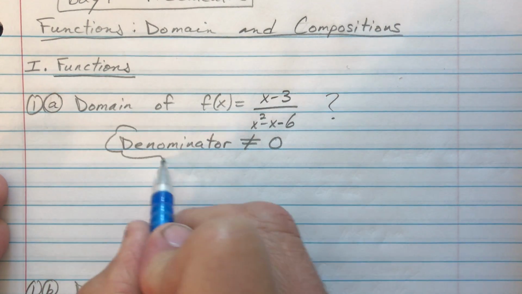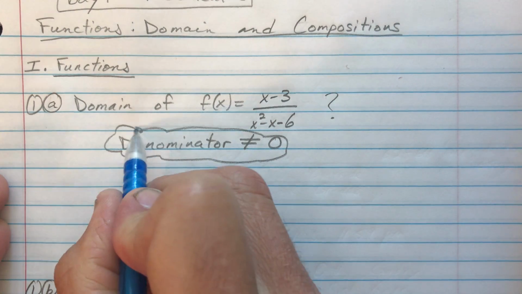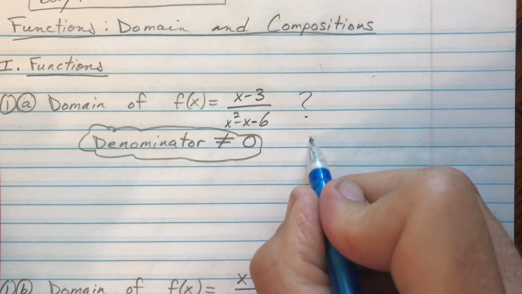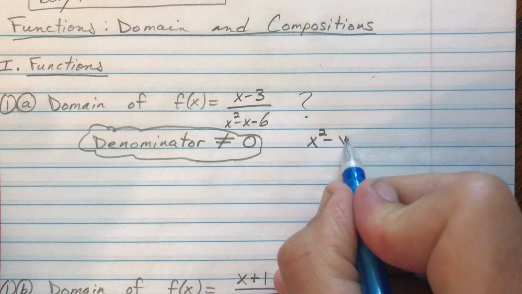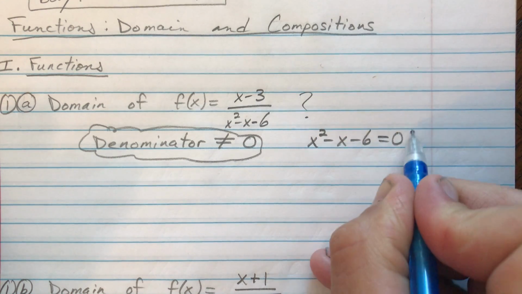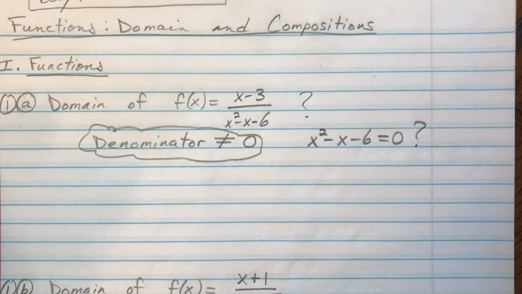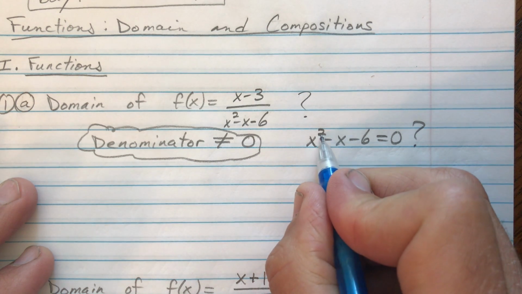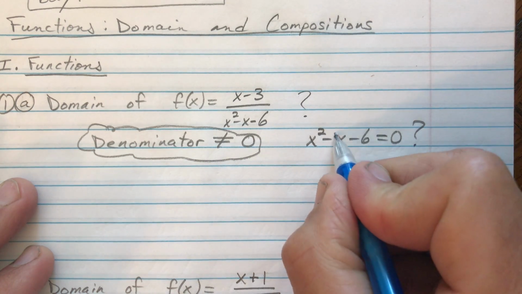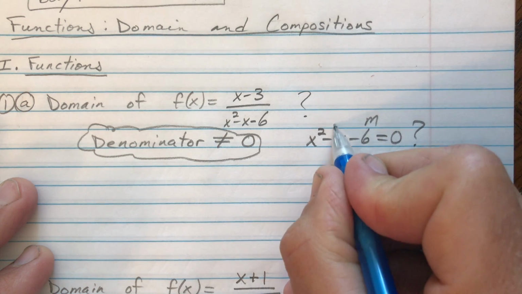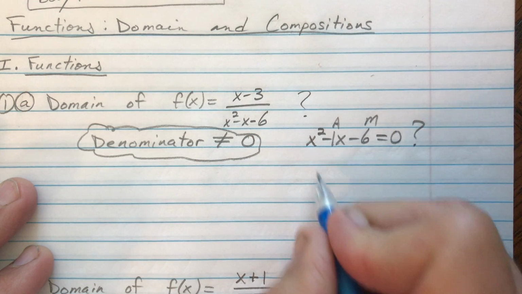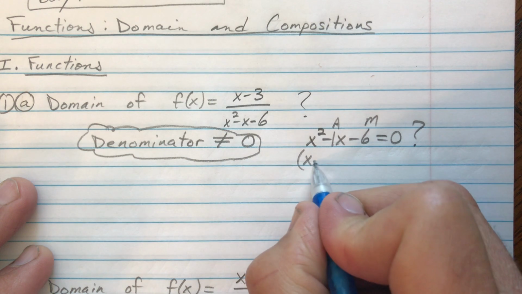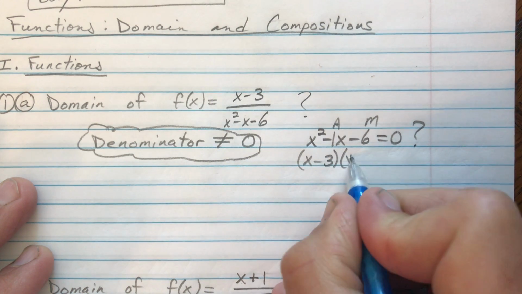So what we're going to do is set the denominator equal to 0 to find those bad values. So we're wondering what would make that denominator equal to 0. In this particular case, this is a quadratic, so we have to factor it. What numbers multiply to negative 6 and add up to negative 1? What about negative 3 and 2?